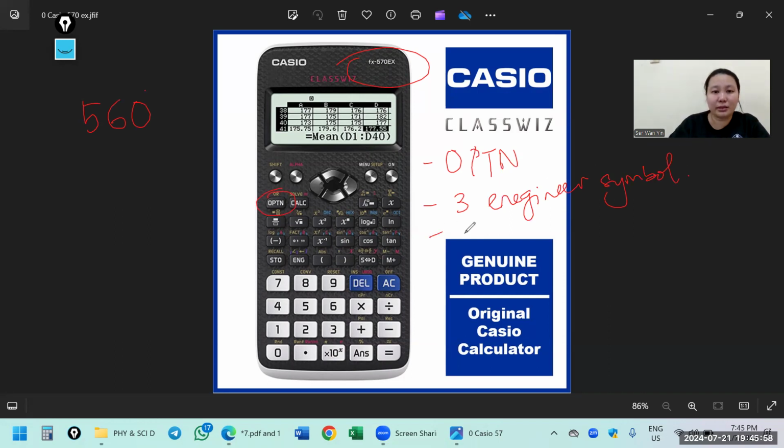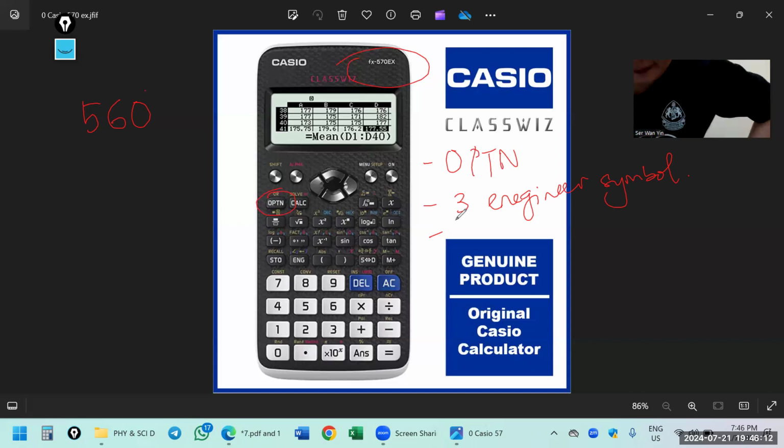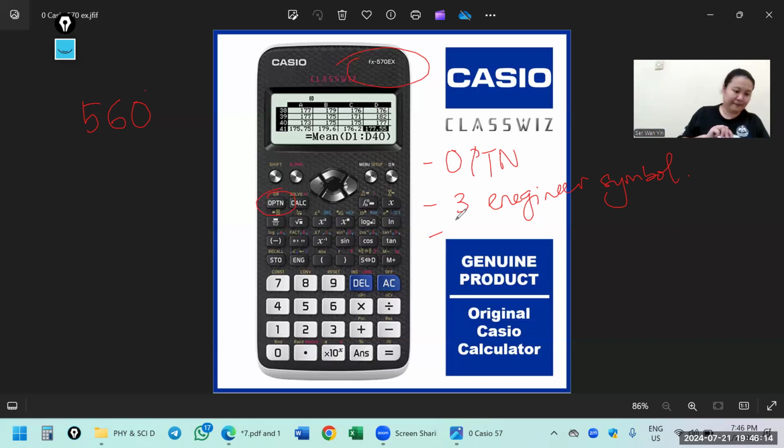Then you press, I forgot nano is how much. I got my calculator. So it's 560, option, engineer symbol.